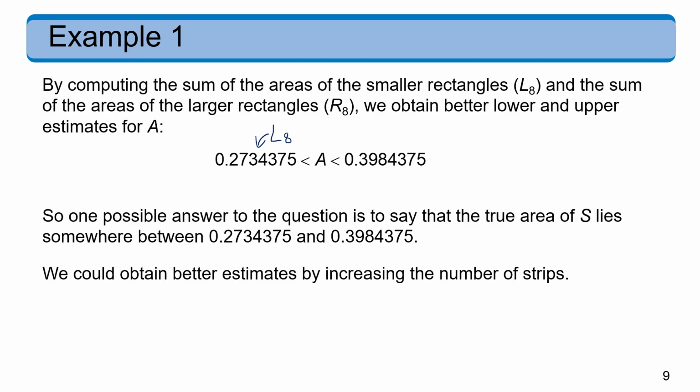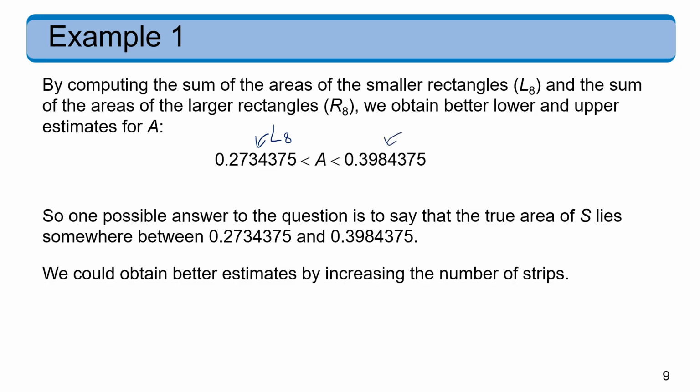Then we do a similar process for the picture on the right where we use the right endpoint. We called it R8: 8 rectangles using the right endpoint to determine the height of each one. Find all those areas, add them up, and we get this decimal here for R8.